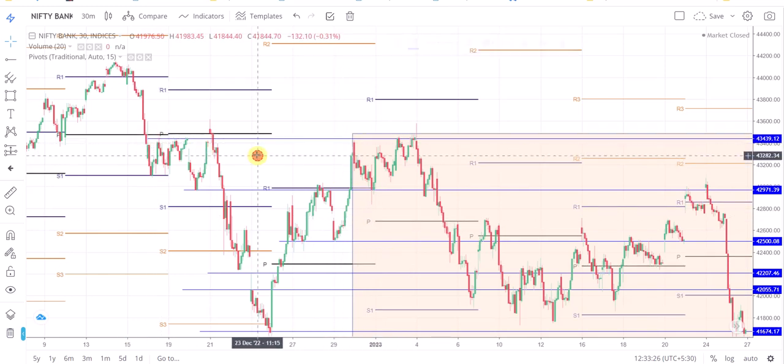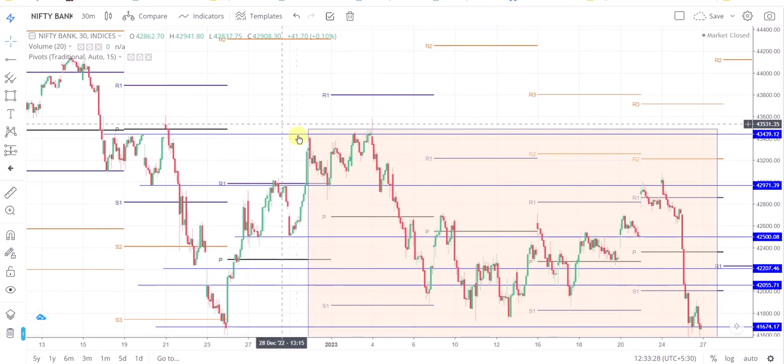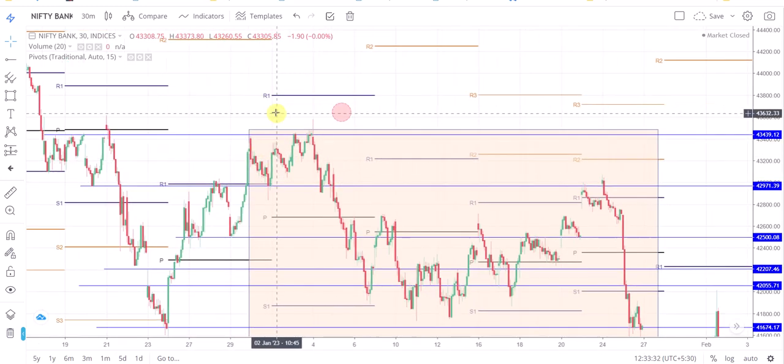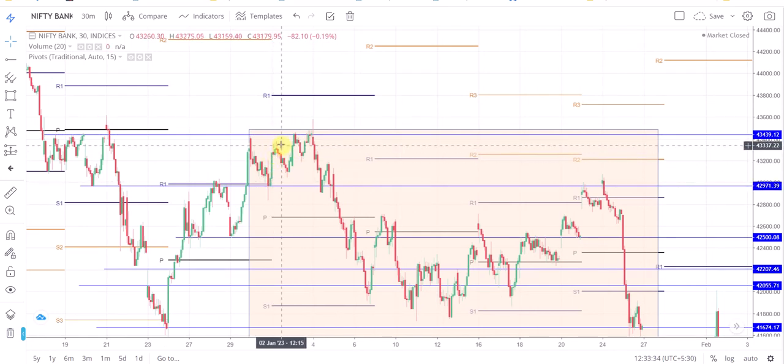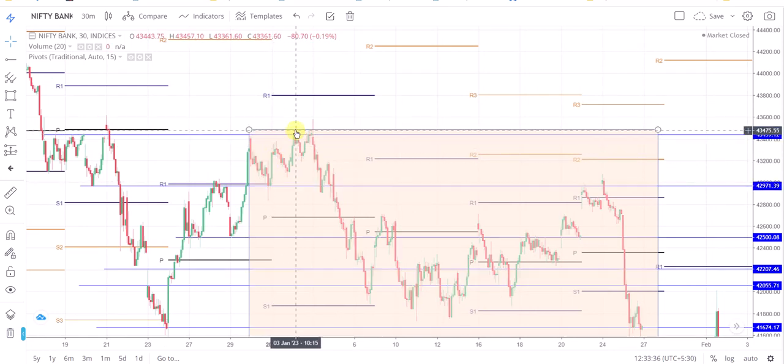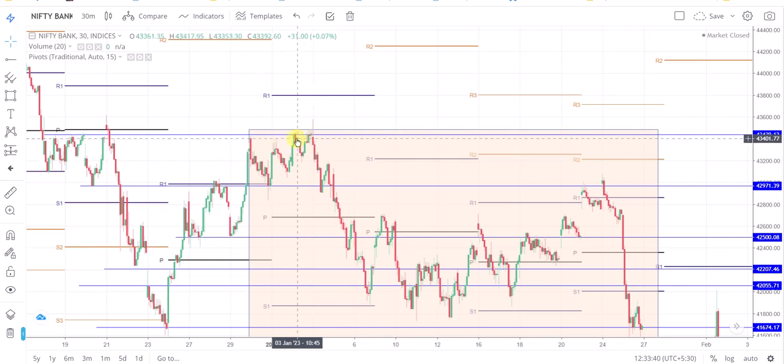But in the beginning, if you don't want to do it, that's fine, because it is just out of the fly, and probably we can take a decision somewhere at this point or this point. There is a good rejection, and it is trying to break the resistance, but there is a good rejection from there. So you can definitely take a decision somewhere here.